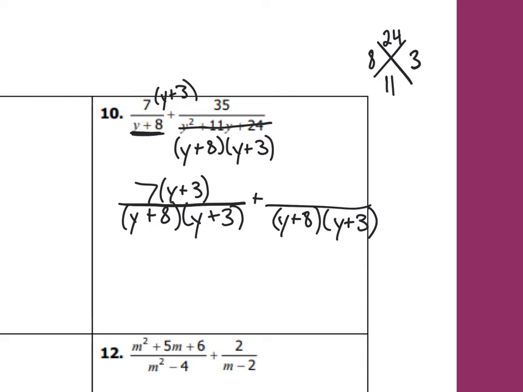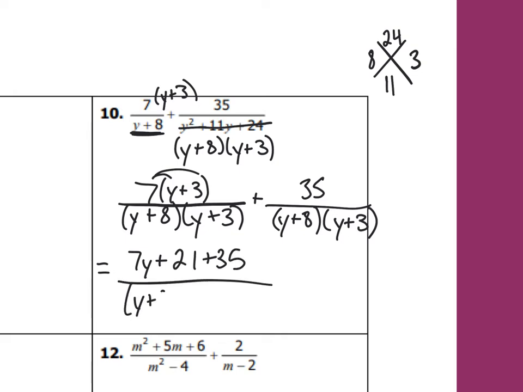And then the second one, 35 over y plus 8 times y plus 3. Is that missing anything from the common denominator? No. So do I need to multiply by anything? No, I don't. I'll just leave it as 35. Okay, now we can distribute and we can simplify. So what we have here, 7y plus, what's 7 times 3? 21 plus 35 over that common denominator.